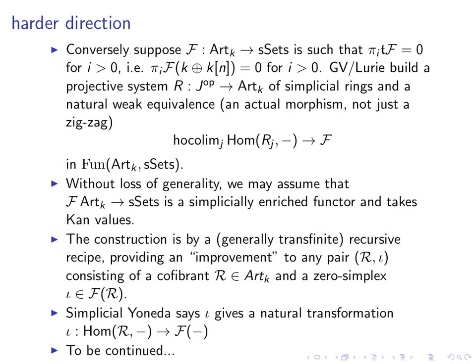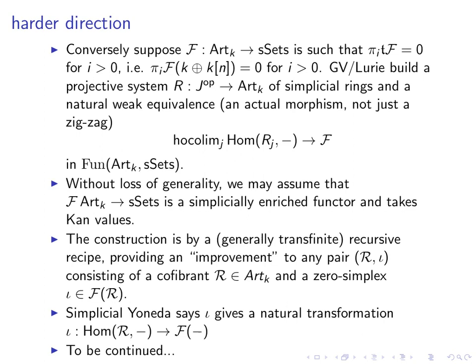The hard direction, which I didn't fully understand, but let's just say what it is, kind of follows the proof of the classical Schlessinger criterion by gradually building up the pro-representing object. Conversely, suppose we have a functor on our simplicial rings that is coconnective.